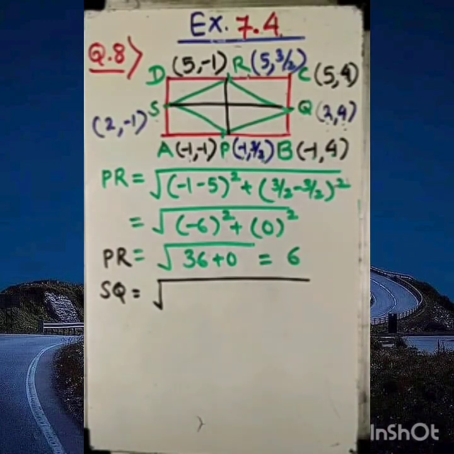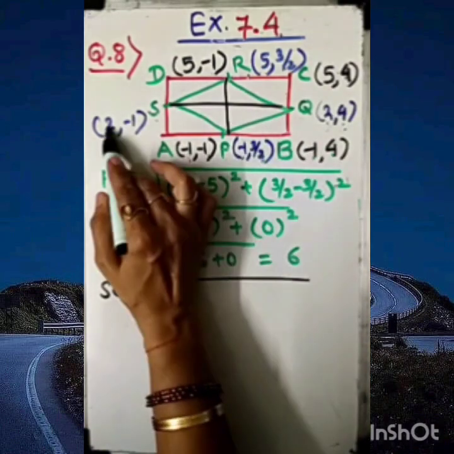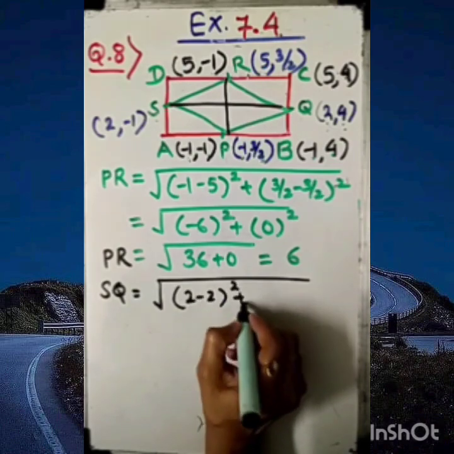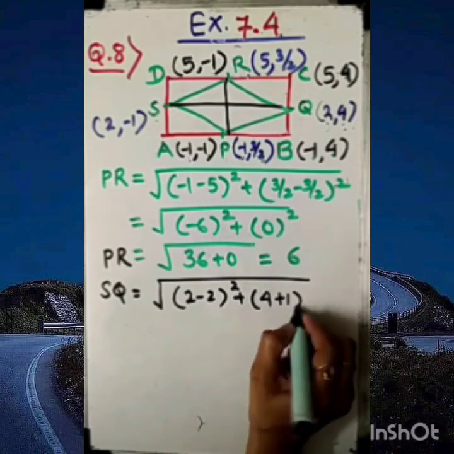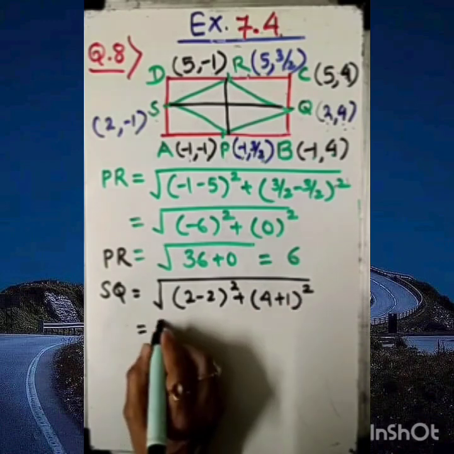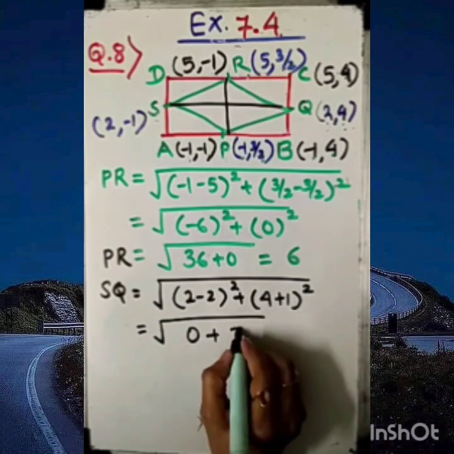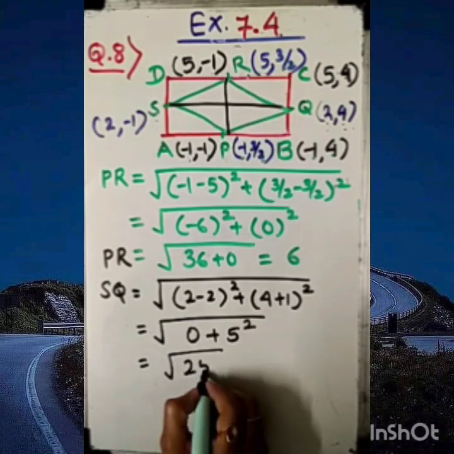Let's see. So value of SQ will be 2 minus 2 whole square, 4 minus minus 1, that is plus 1. So my dear student, here 2 minus 2 is 0. 4 plus 1, that is 5 square. That is under root of 25.